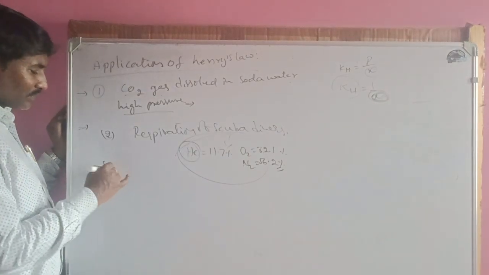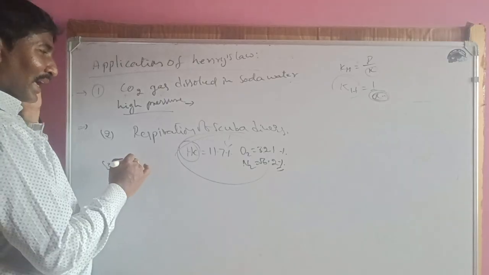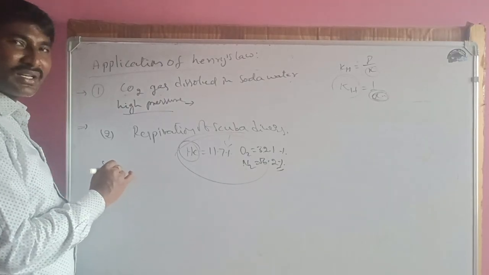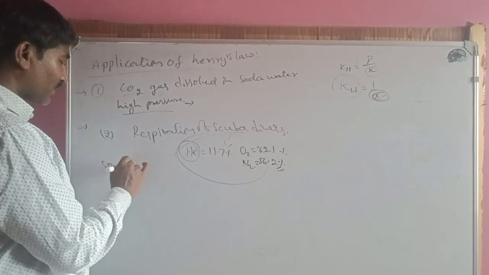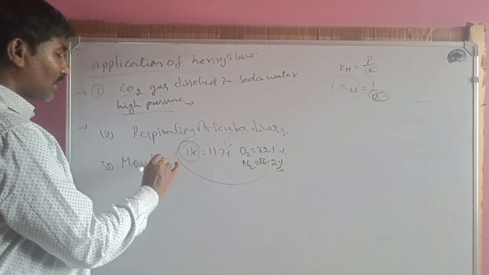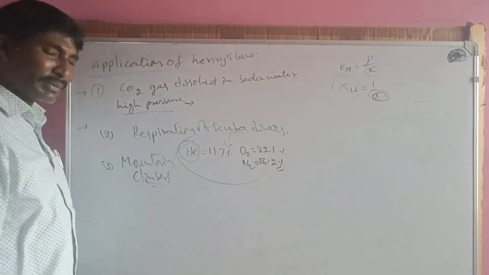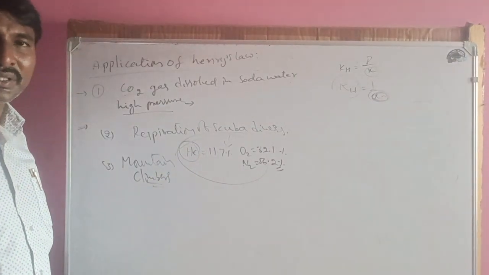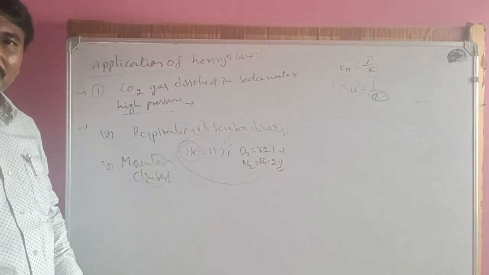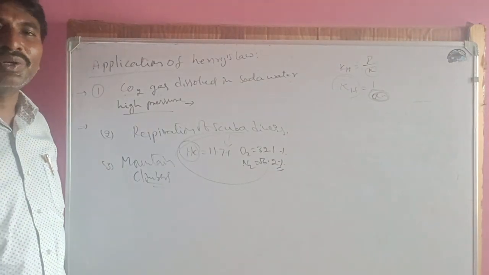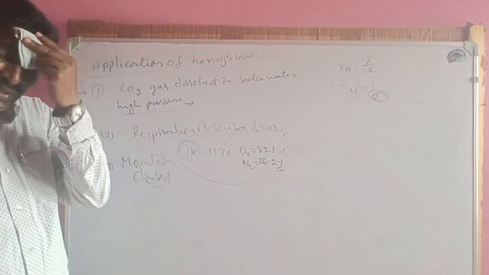Then another one is respiration at high altitude, for mountain climbers. People who live at high altitudes are unable to think properly due to the less oxygen available at that place.